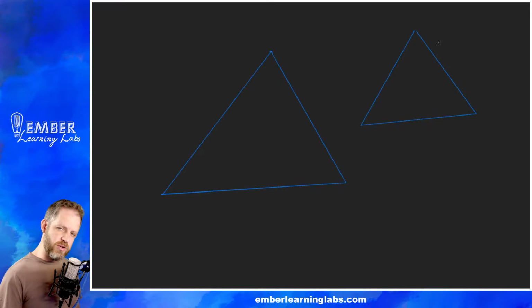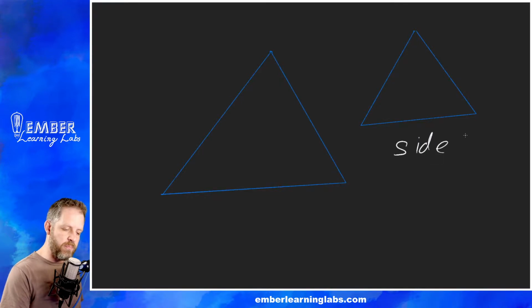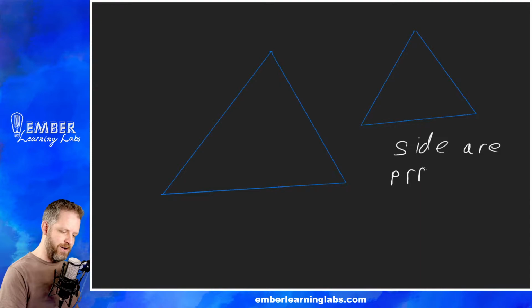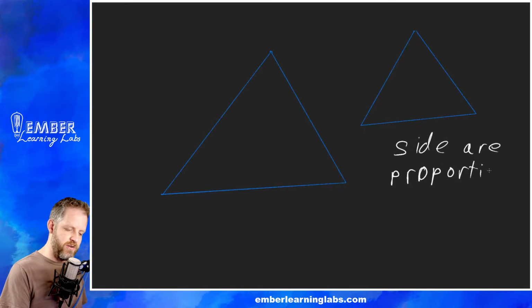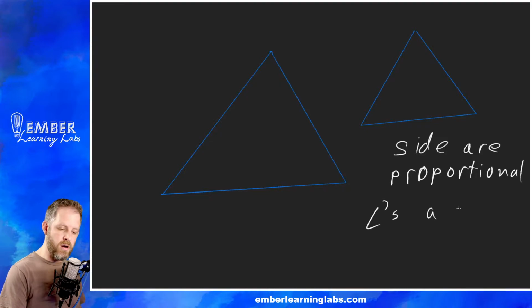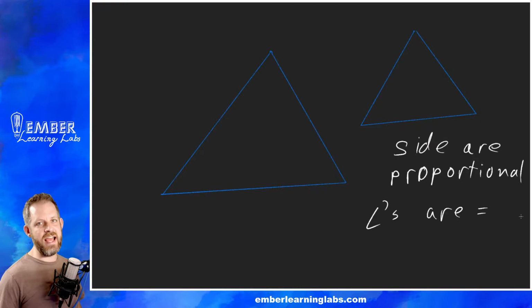So similar triangles, or similar figures in general, their sides are proportional, and their angles are equal.